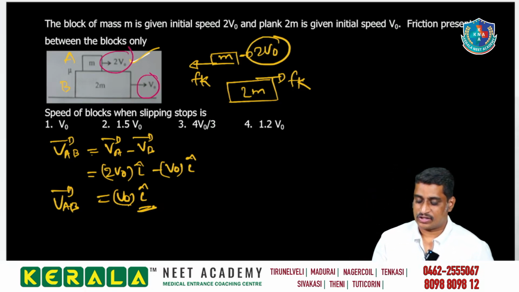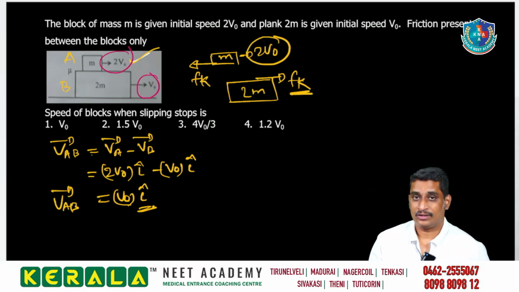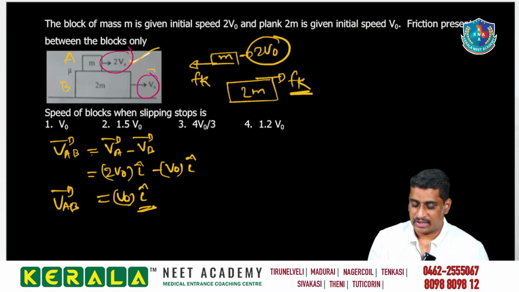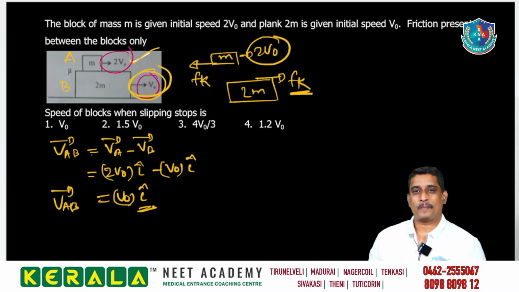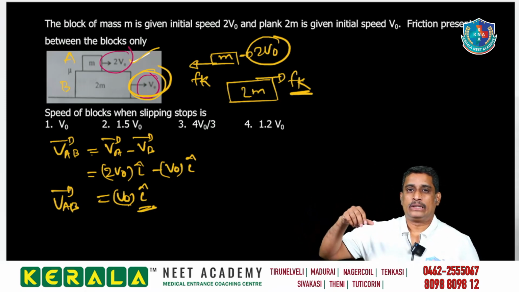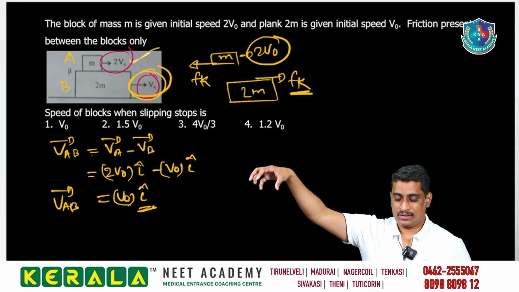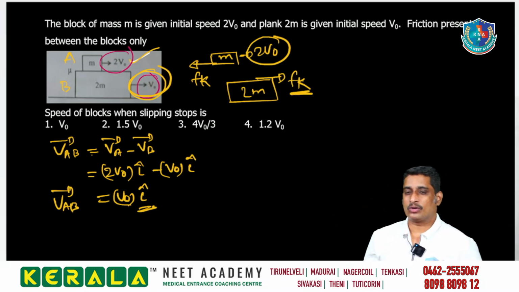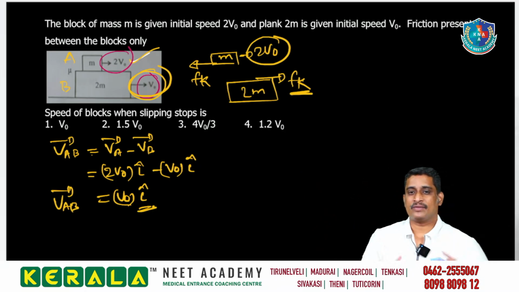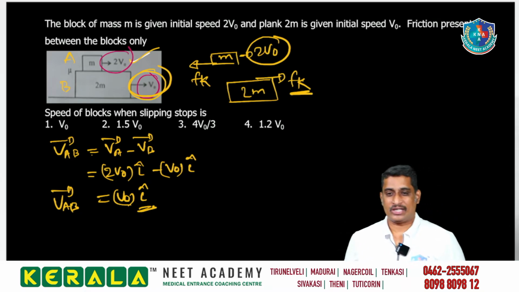And the frictional force acting over the lower block will support the velocity of the lower block. Therefore, the velocity of the lower block will increase from the value v0. So as time advances, in this example, the velocity of the upper block is decreasing and the velocity of the lower block is increasing. At one particular instant, the velocities of the two blocks will become equal to each other.